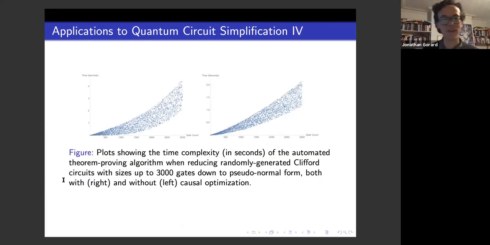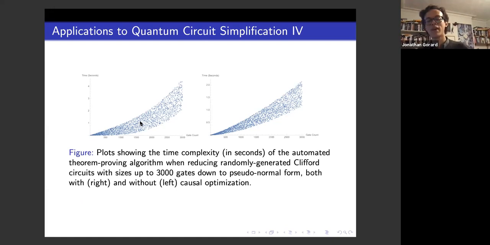And the significance of that is that when we incorporate this two-category structure, so we take into account the causal relations between these events, and we use that to optimize which lemmas we're adding to our automated rewriting system, we see a dramatic improvement in both time complexity and proof complexity. Here's a somewhat modest improvement that you can see. What we did is we randomly generated quantum circuits containing only Clifford gates with sizes ranging from 0 to 3,000 gates.